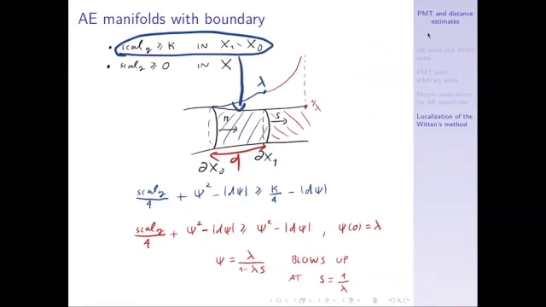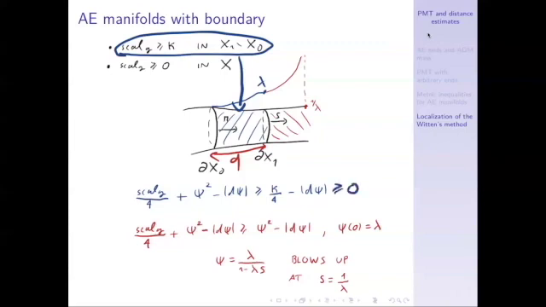We can pick a function psi, which is 0 on this region and is 1 on this region. And now, of course, we can scale it down with lambda. So at the end, we will find a function such that this differential inequality is actually greater or equal than 0.